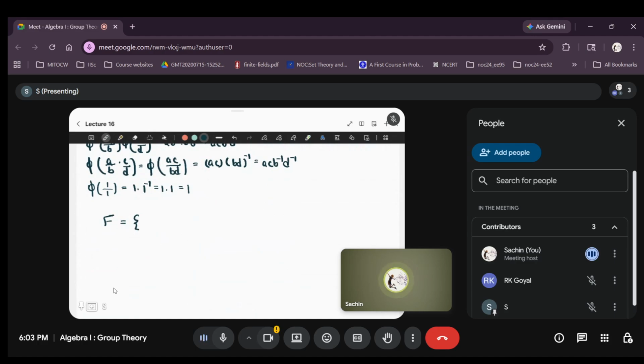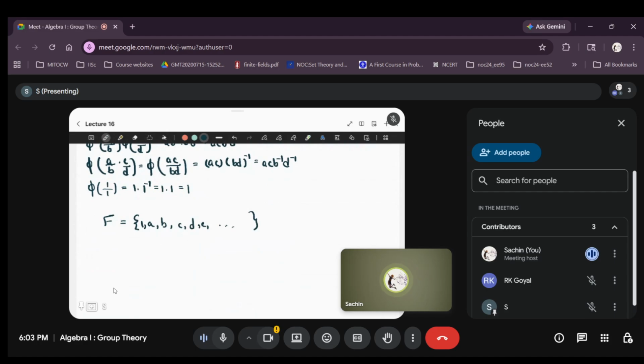Just an example, I mean not really an example, but just to show what exactly we are doing. You had A B C D E F. Let's say you had something like this with one.